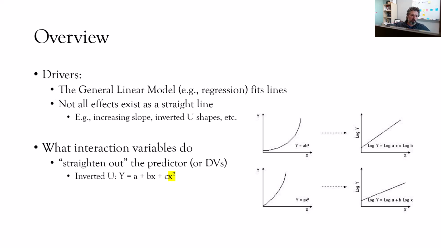There are other shapes, so it's not always just taking the log of something. Sometimes we deal with inverted U shapes, where the optimal point is in the middle, and then we start to get decreasing returns, and then negative effects of more. In that case, you would take the square of the thing to straighten it out.